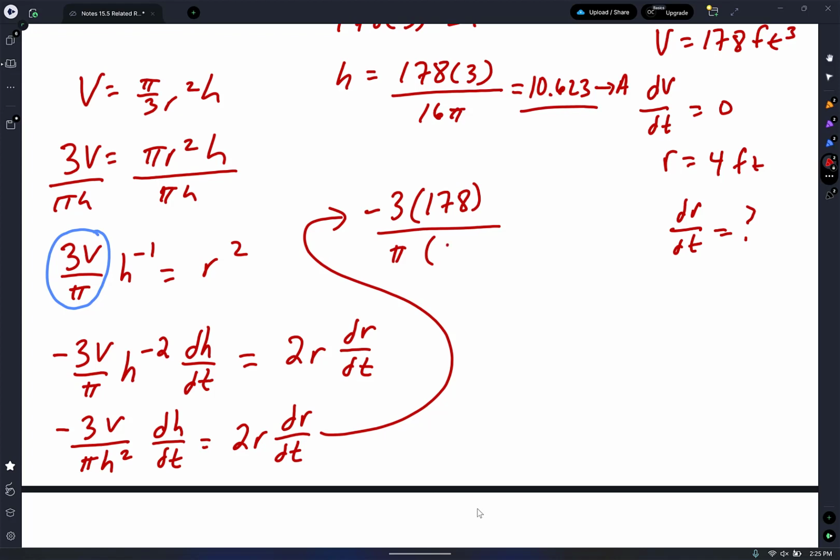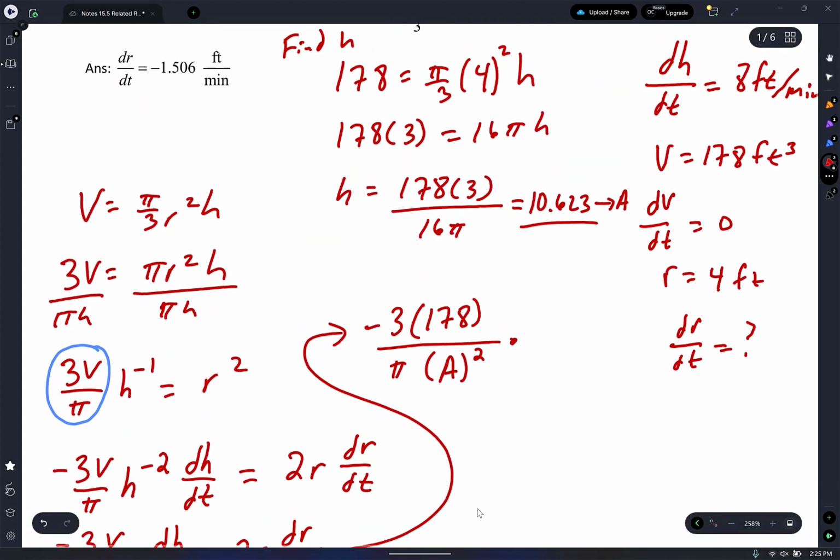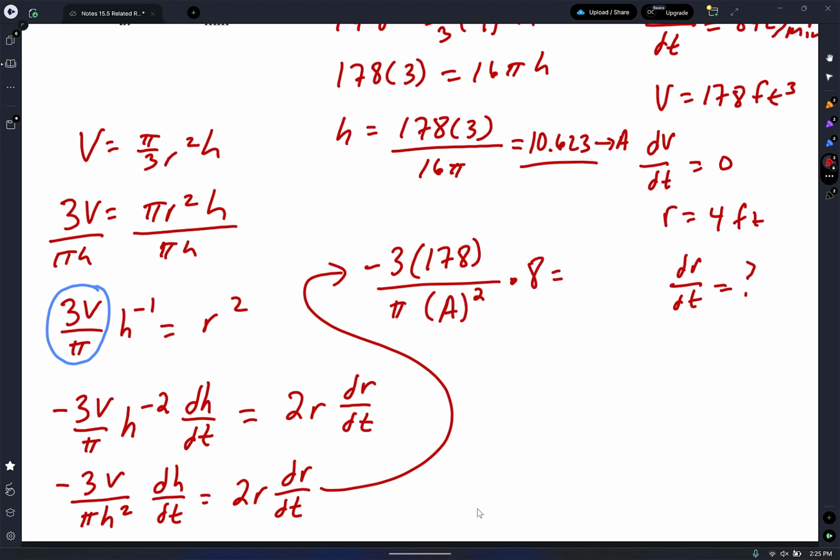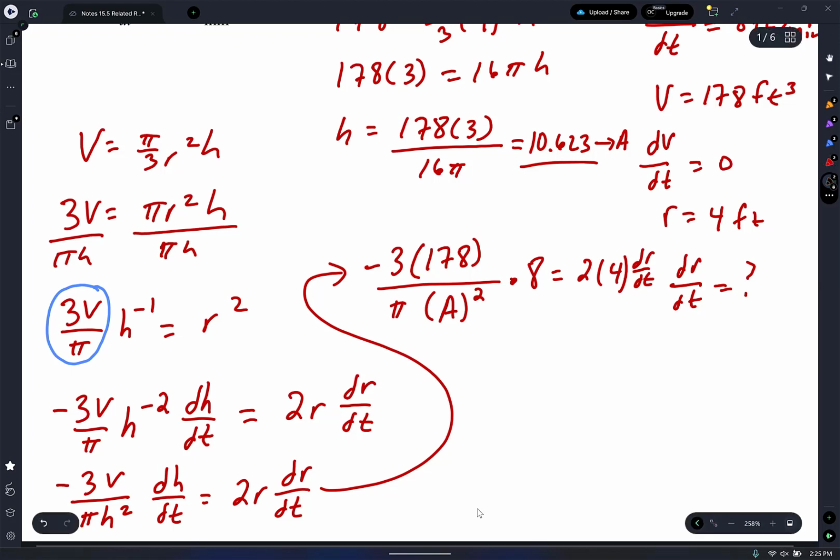I'm going to put A. So that's the number saved in my calculator. I'm going to square that, and I'm going to multiply that sucker by dH/dt, which was 8. And all that equals 2 times, what's my r? 4 dr/dt. Really, isn't 4 times 2 8? Yeah. I can just cancel that 8 and that 8.